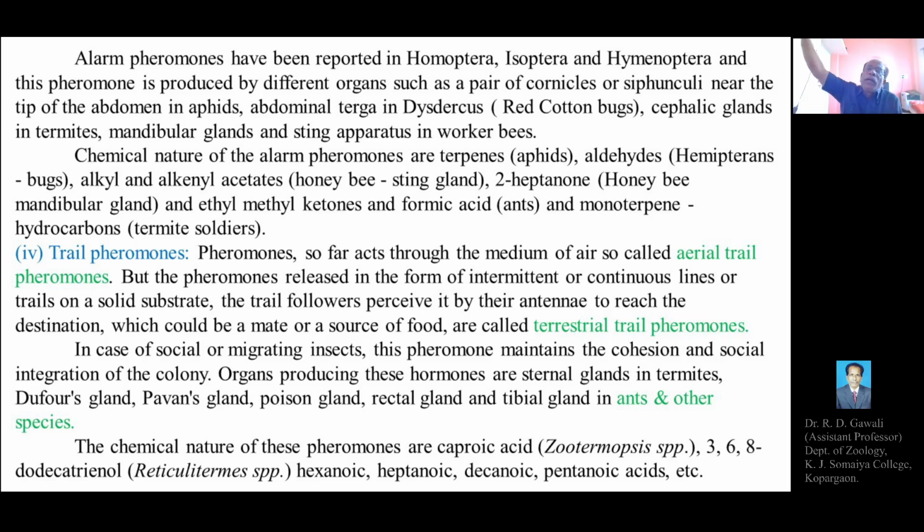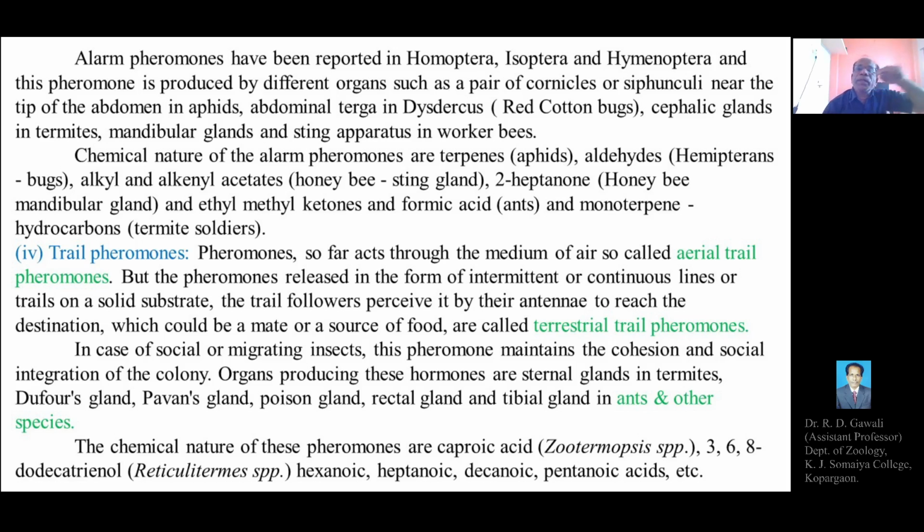Or in the case of the atmosphere, there may be a chemical scent or trail pheromone released in the air by the particular organism, maybe an insect or a bird. Even birds can secrete a certain trail pheromone in the form of chemical scent. So the members of the same species, might be birds or insects, will follow the particular trail so as to reach the final destination.